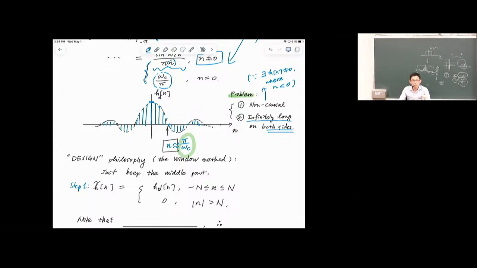When you use it, how do you calculate the convolution? That's a problem. When we use a filter, we need to be able to compute the convolution of its impulse response with the input signal. But with this infinitely long filter on both sides, I think the main problem is that it cannot be expressed as a difference equation.